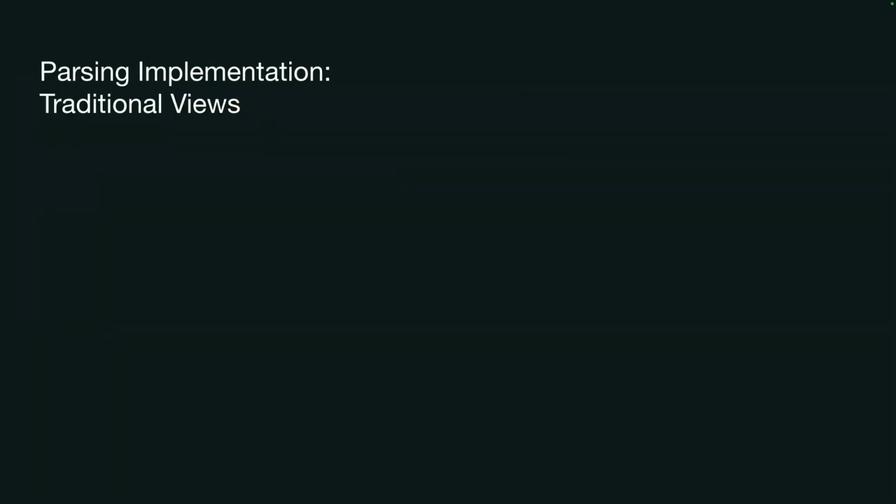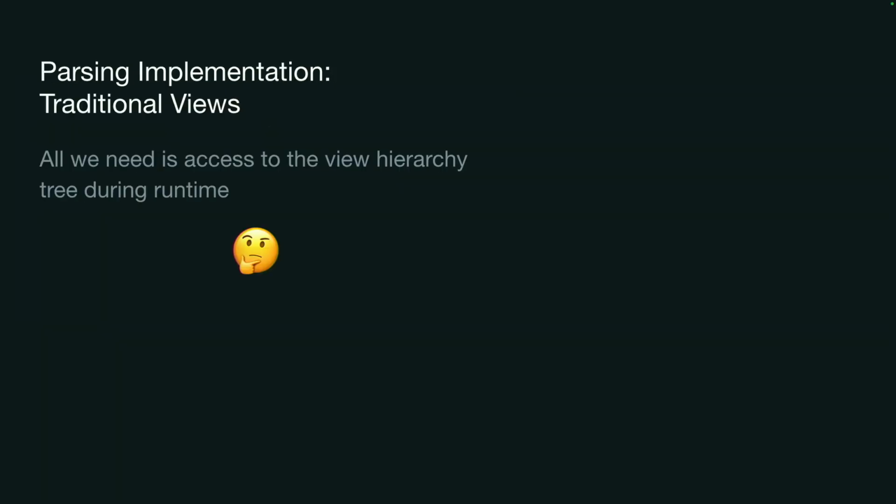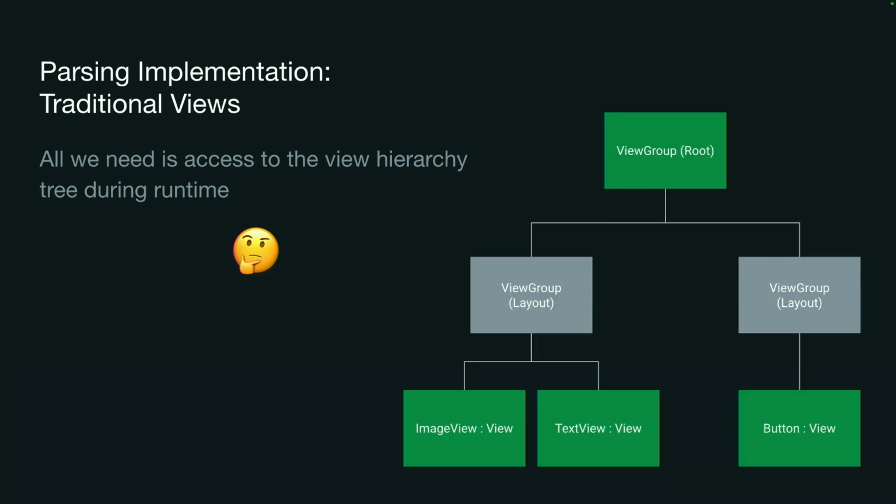So let's implement it on traditional views. Like we said, all we need is access to the view hierarchy tree during runtime in the UI thread. Well, yes, it's done. If you can access the root, again, you still probably have to deal with the phone window and figure out what the root is. Not an easy problem, but once you have some semblance of a root, you traverse the tree.